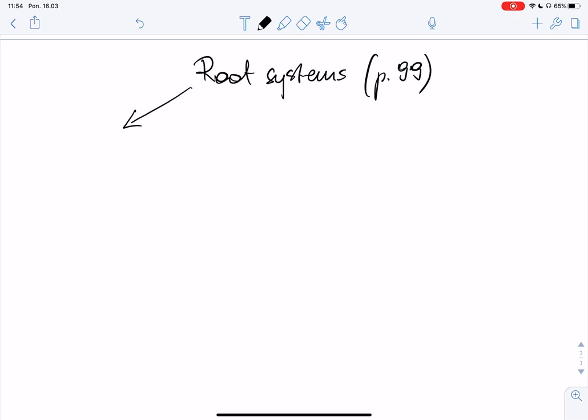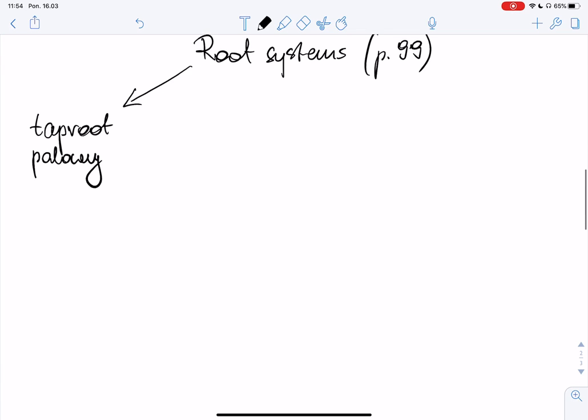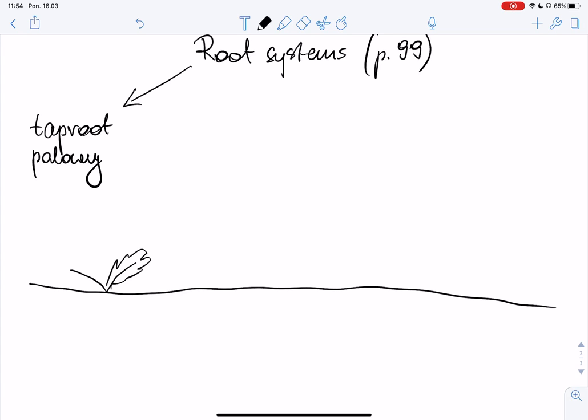And guys, we have so-called root systems. You have them on page 99. The first one is the taproot system. And guys, it looks more or less like this. We have the ground level here and here. And we have a plant that has some leaves on the surface, that has a flower, a dandelion, the last one this season.